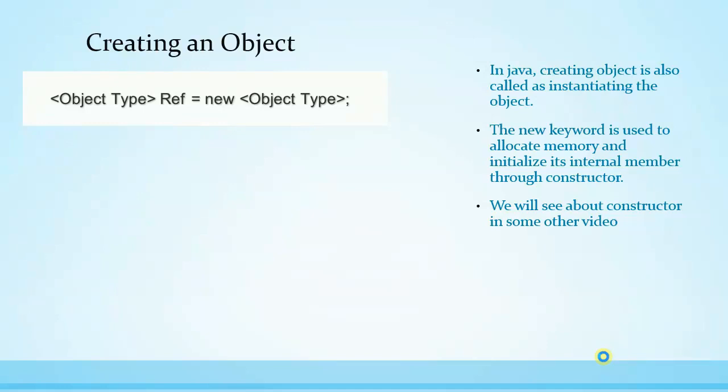So on the screen, what you are seeing is we are creating an instance. There are two parts. One is the part on the left hand side of the equal to, and another part is the right side of the equal to operator. As already told, new object type. What happens here is it allocates memory for the object type, which is nothing but the class name which we specify there.